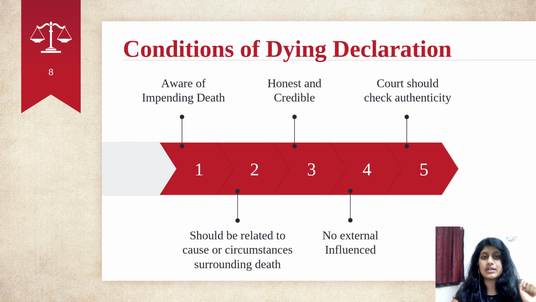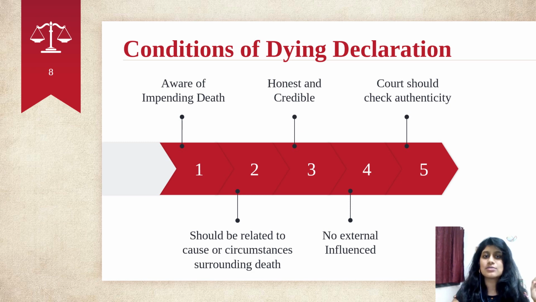Now, the third one, it must be proved that the statement and the declarant are both honest and credible. So this means that the declarant must first of all be of sound mind when he was giving the declaration. It cannot be that he was not of sound mind and he was imagining something, and that's the statement he has given.